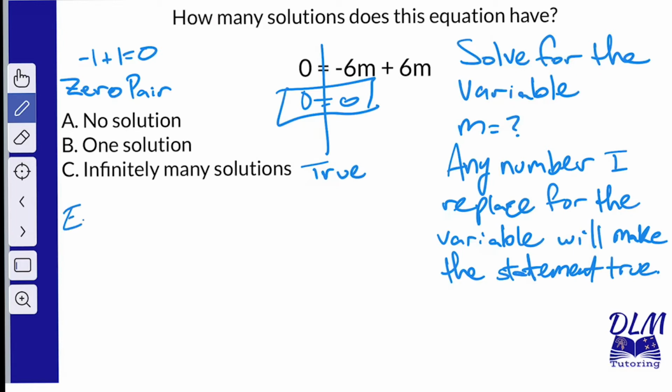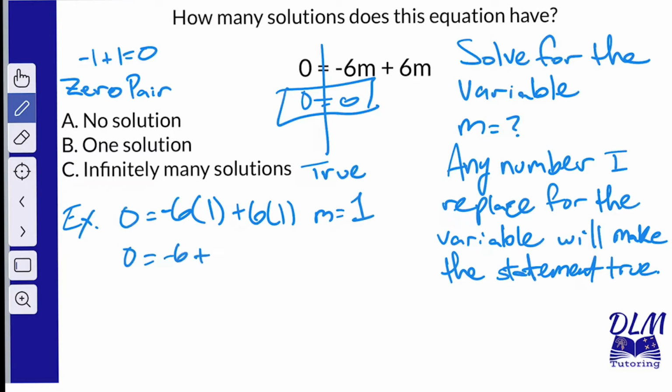I can give the example that if 0 is equal to negative 6 times 1 plus positive 6 times 1, where m is equal to 1, then 0 is equal to negative 6 plus positive 6, 0 is equal to 0, and my statement is still true.